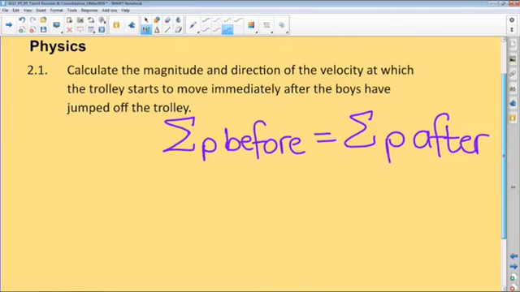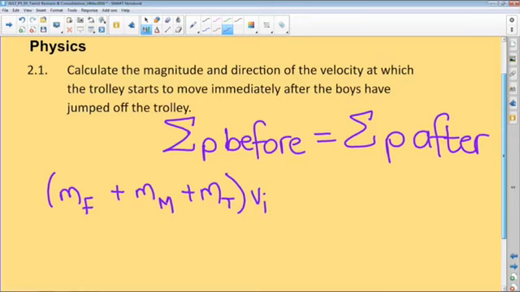So beforehand I have the mass of Frank, the mass of Mandla, and the mass of the trolley, and their initial velocity. Afterwards, Frank has a final velocity, Mandla has a final velocity, and the trolley has a final velocity.